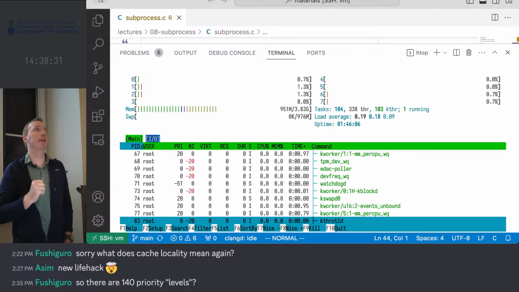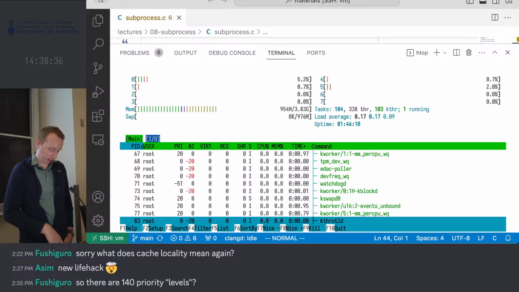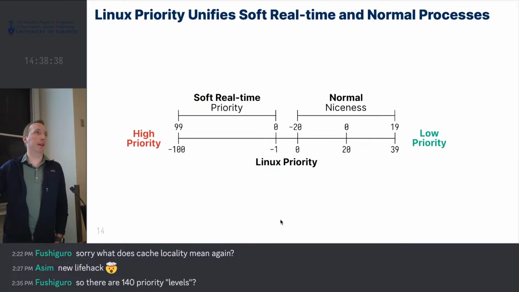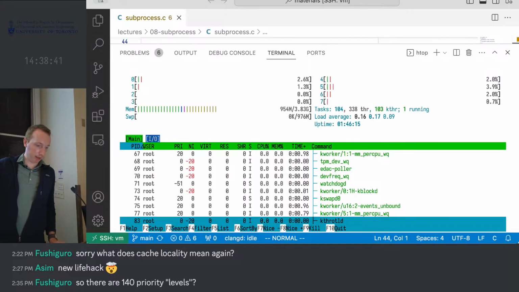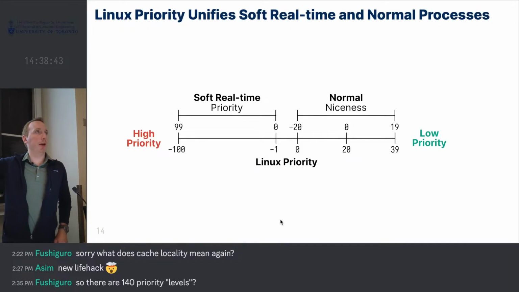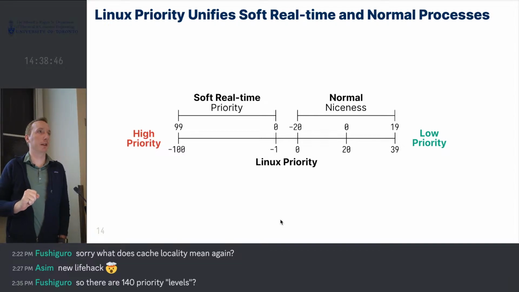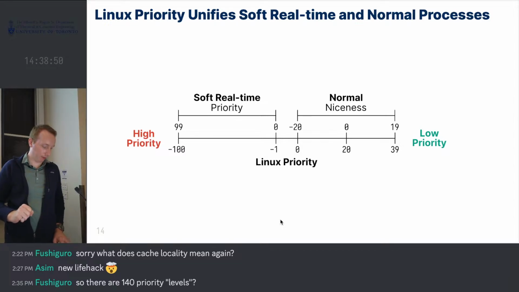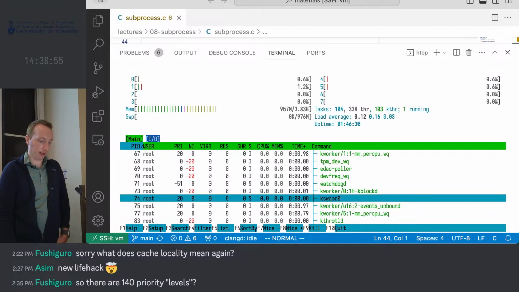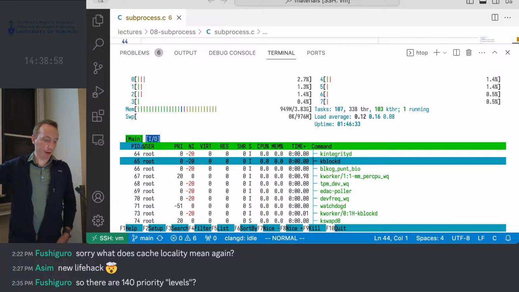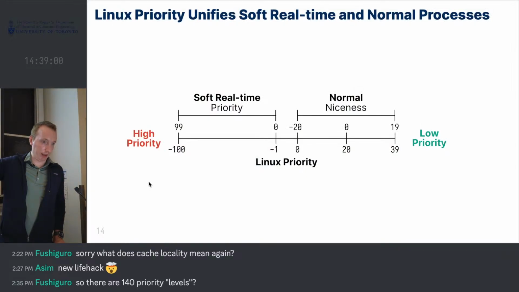So the priority number is like the Linux priority on the graph. The PIR here maps to the Linux priority in this figure. And the niceness is the top, like -20 to 19. So any normal process here, any process where its Linux priority is 0 or higher is a normal priority, and then its niceness would apply to it.